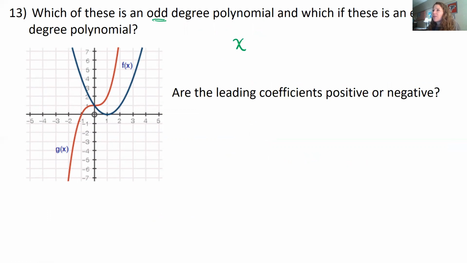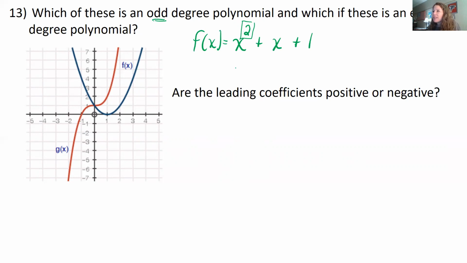Which means that first number has to have x squared. Whatever the rest of it is, it doesn't matter. But isn't a 2 an even degree polynomial? So the blue line, or f of x, is an even degree polynomial.